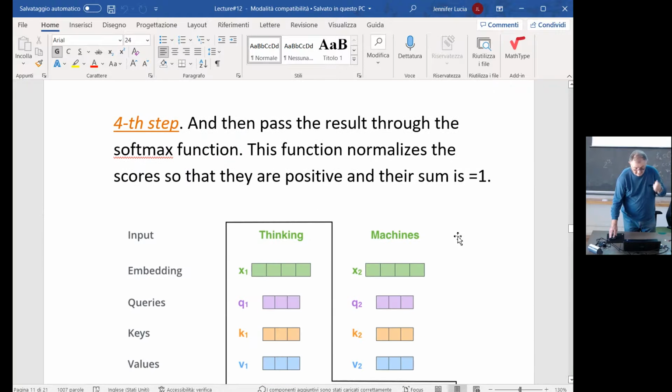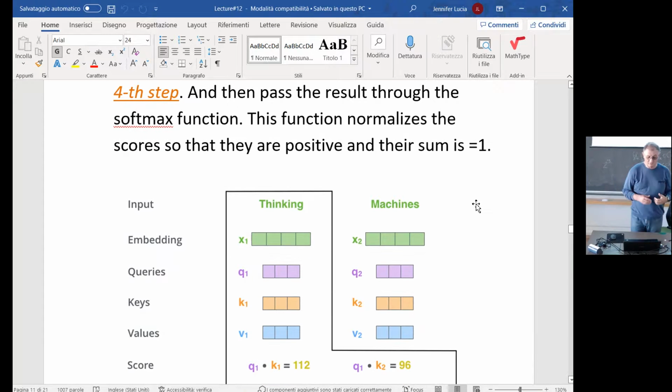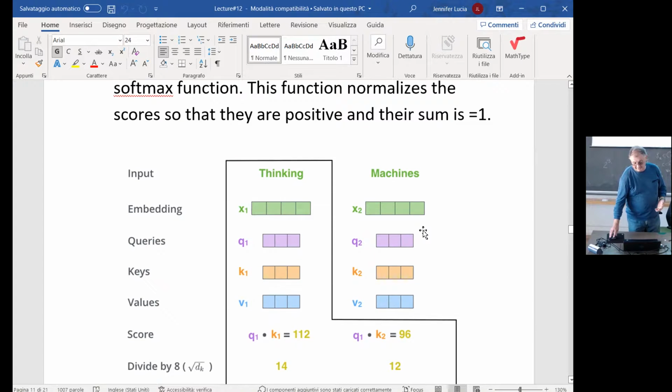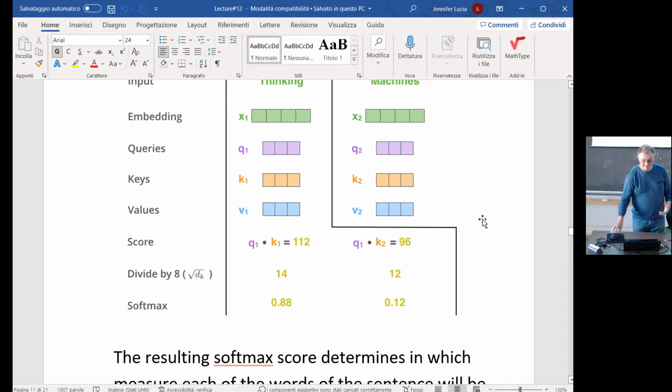Fourth step, pass the result through the softmax function. A very beautiful thing is that we have the probabilistic distribution, softmax with 0.88. You see, the scores 112 and 96 are very near, but after softmax the probability gives us that the importance is 0.88 and here 0.12.